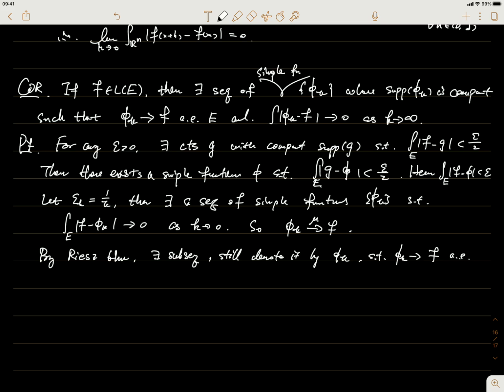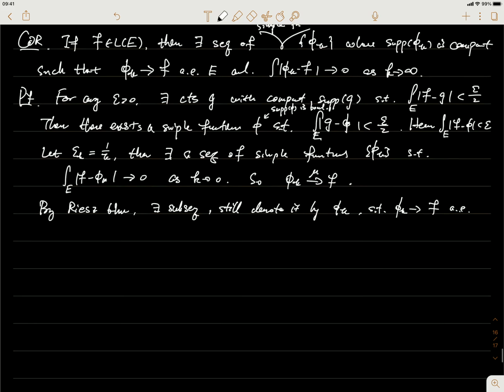At the same time, since it's a subsequence of phi k, it also satisfies the integral condition. And this subsequence phi k is what we're looking for. By the way, each one of them has a finite, bounded support, and that applies to each phi k in the sequence. So that finishes the proof here.